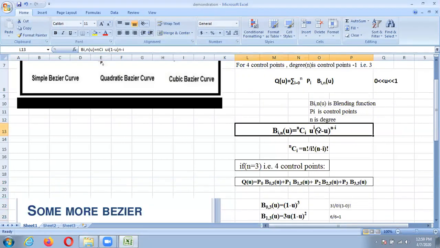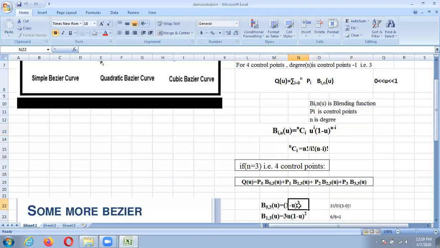Into the remaining terms: u raised to i, where i is 0, so u raised to 0, that is 1. And 1 minus u raised to n minus i, where n is 3, so 3 minus 0 gives 3. So we get 1 minus u raised to 3.